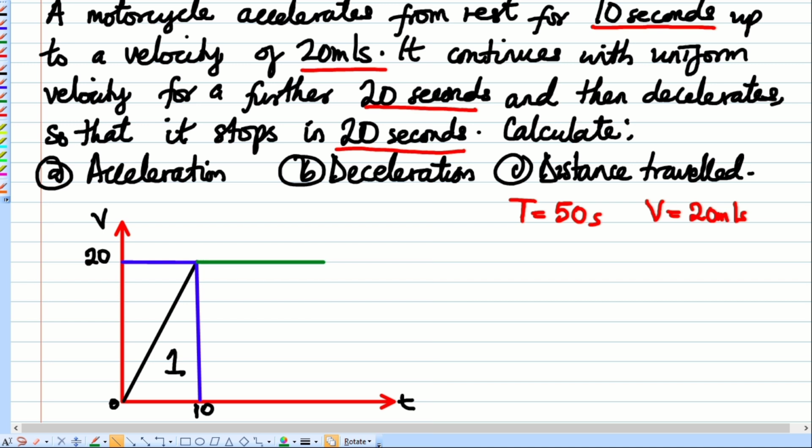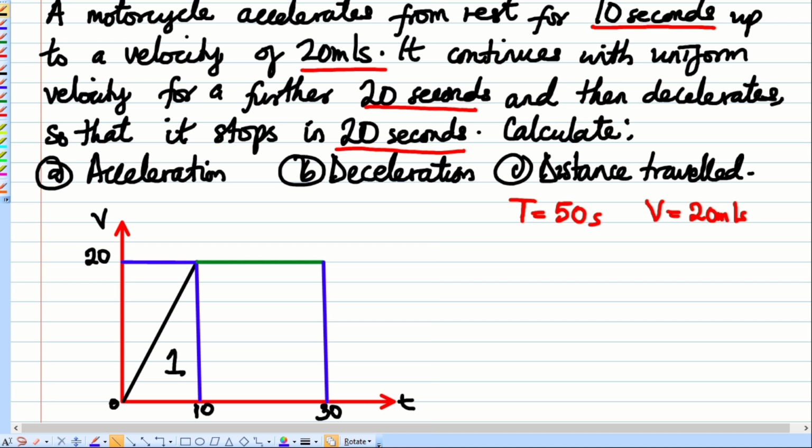So from 10 we add 20, and that gives 30 seconds relative to our starting point, which is 0. Let's connect those lines again. We always use the blue to connect our y and our x. So y is still at 20, and x is 30 seconds now. That's what we have there.